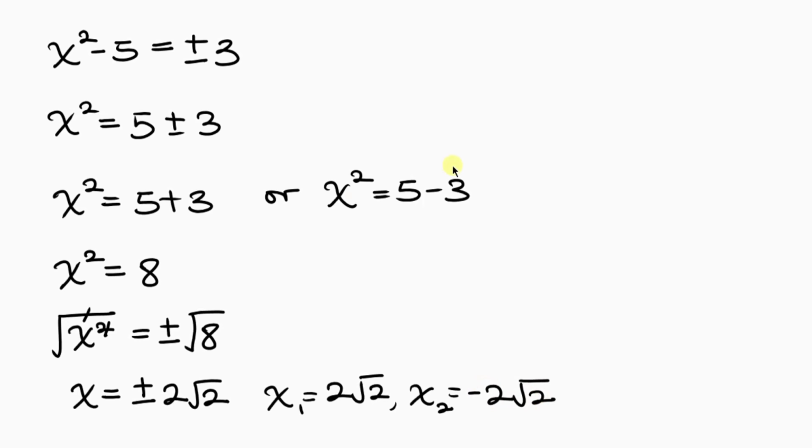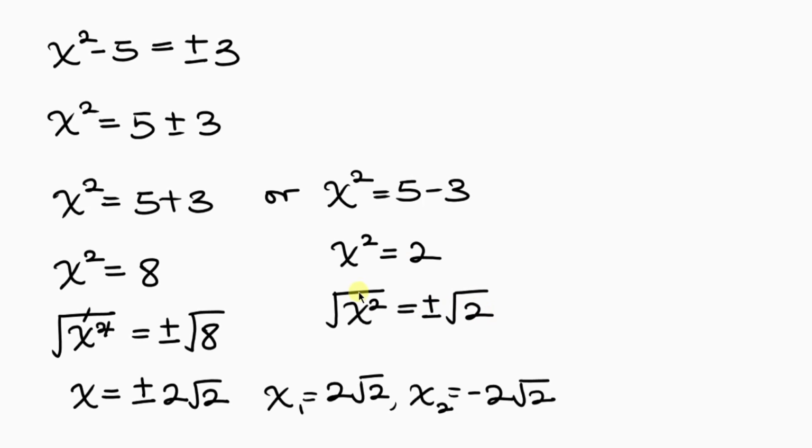Now let's solve this. So here we have x² to be equal to 5 minus 3 is 2. And in order to get rid of this square, we take the square root of both sides. So taking the square root of both sides means the right hand side will be plus or minus the square root of 2.